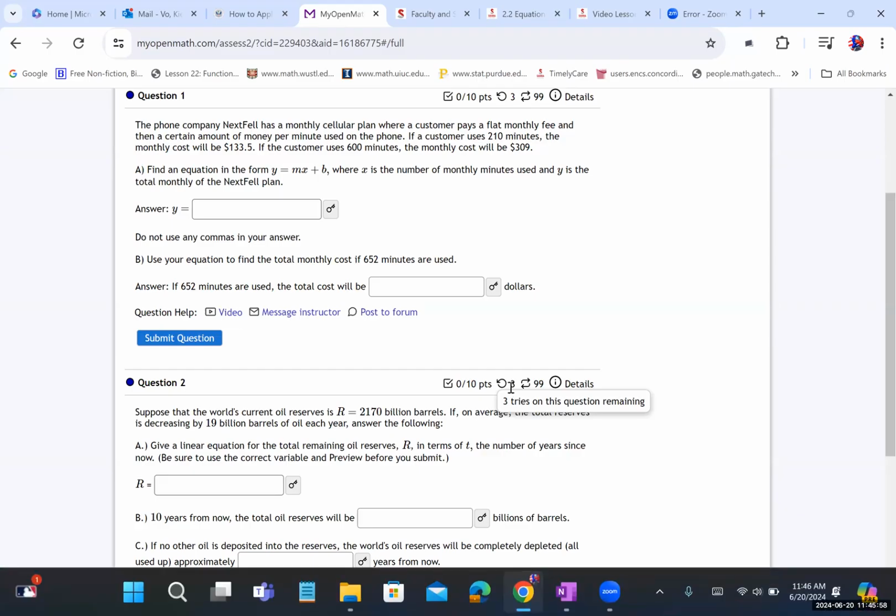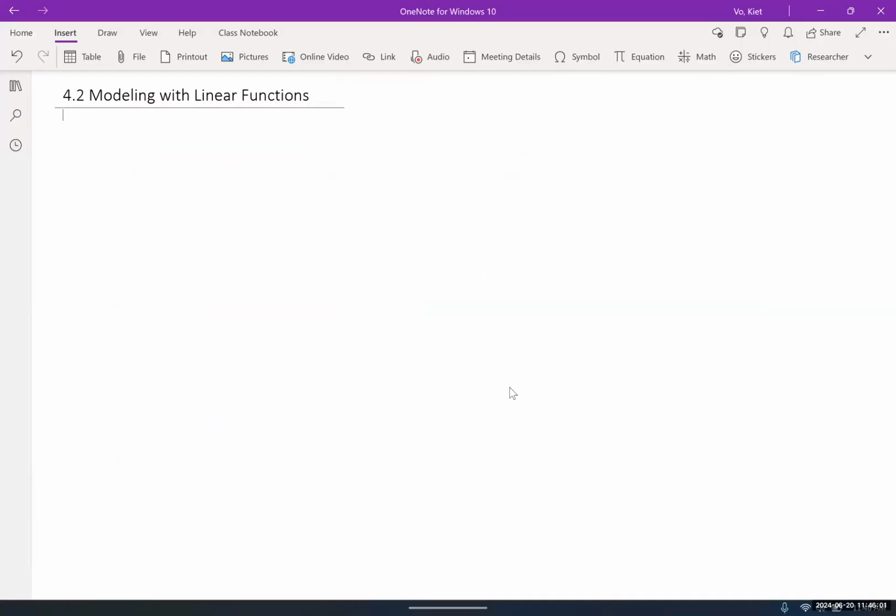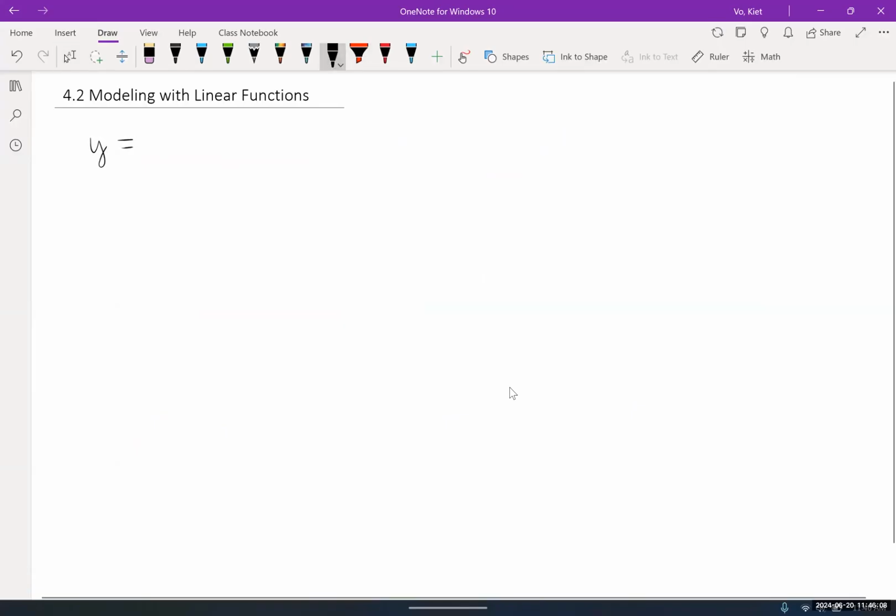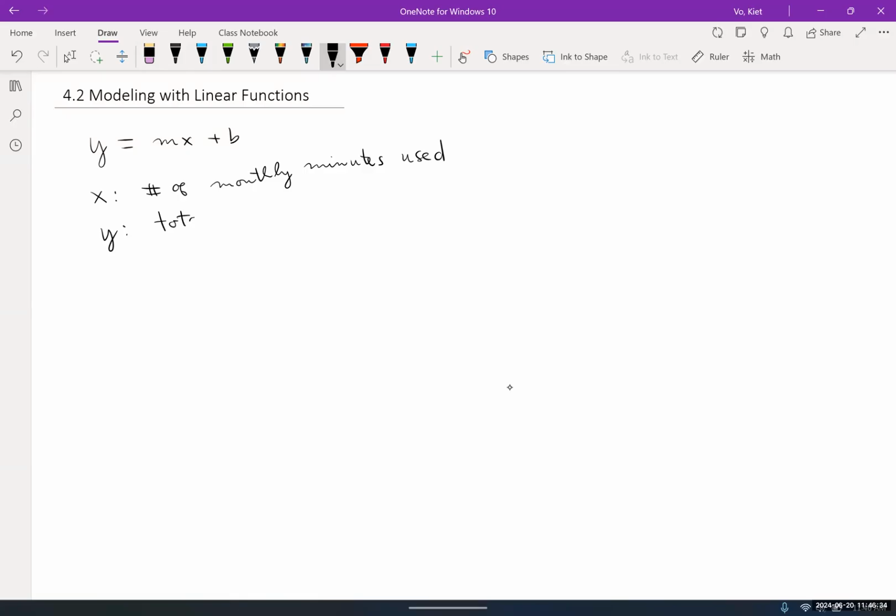Let's try to summarize what we're given here. Let me write down what the x and the y are in this situation. This is our model: y is equal to mx plus b. The x here is the number of monthly minutes used, and y is the total monthly cost.